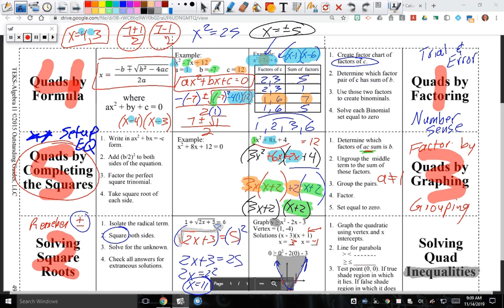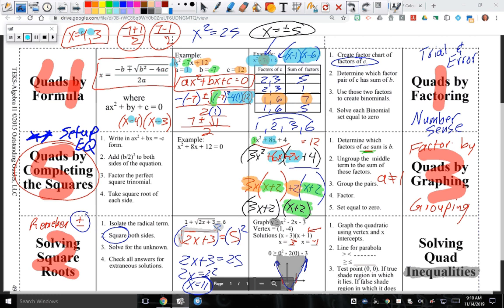Any questions? Guys, how many answers do I have for this bottom right-hand corner? 2. If this was equal to, right here, if there was an equal symbol right there, then it would be 2. But because it's a shaded region, how many do I have? Infinite solutions. Okay? We good?